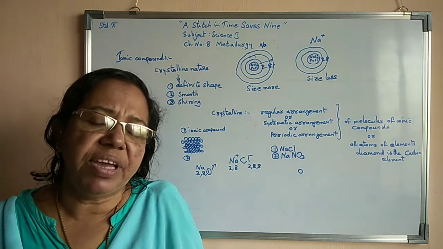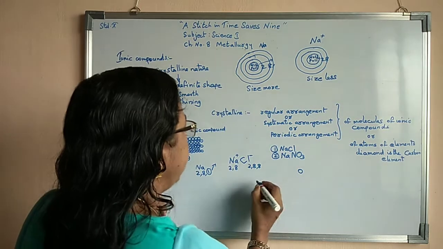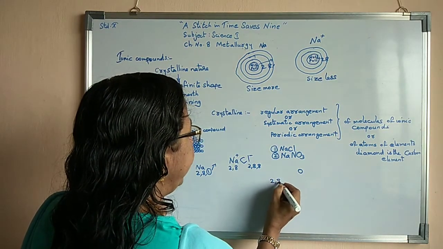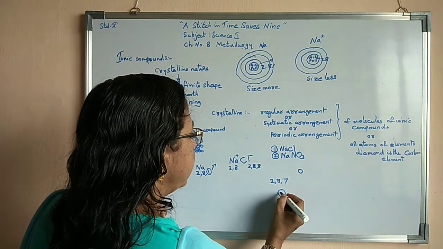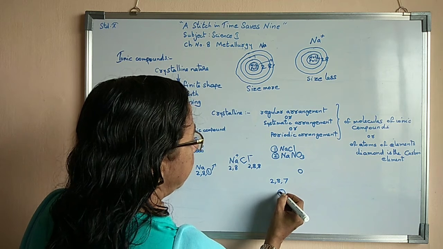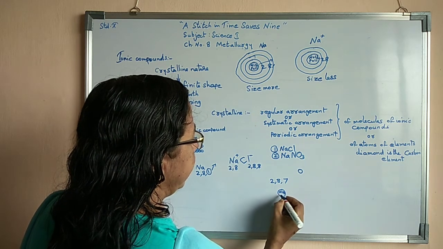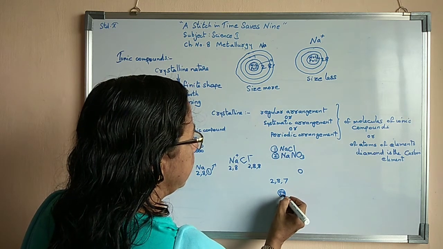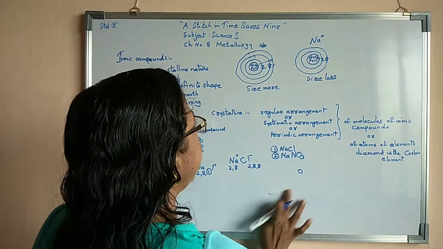Now similarly, when we speak about the chlorine atom, its electronic configuration is 2,8,7. I am making a small figure here.